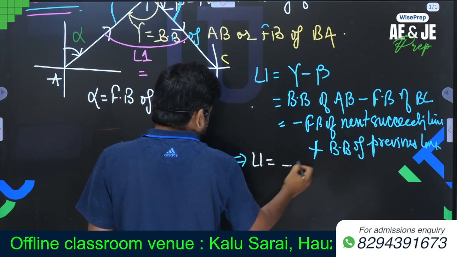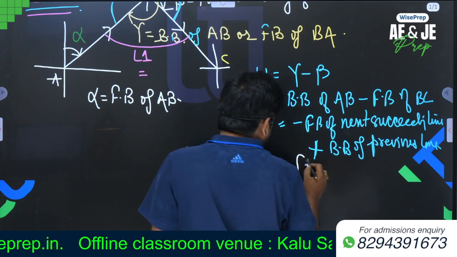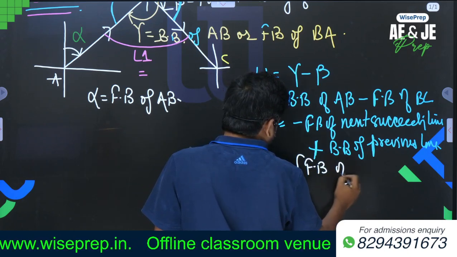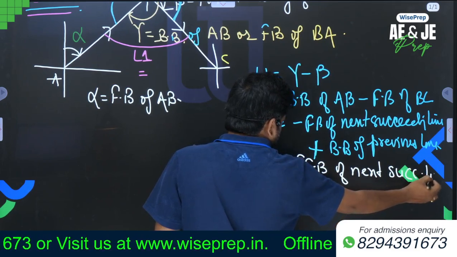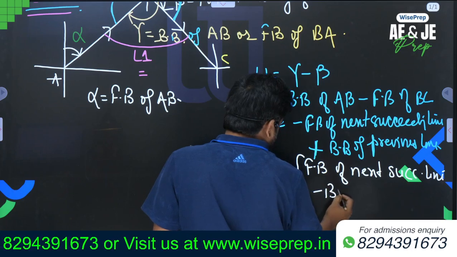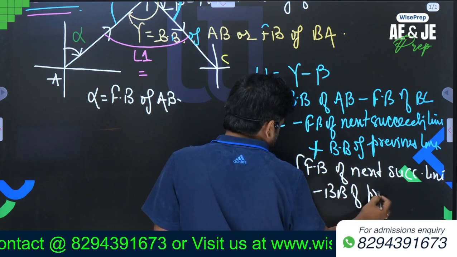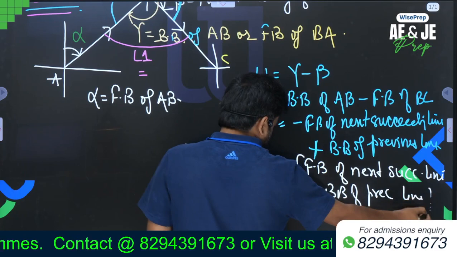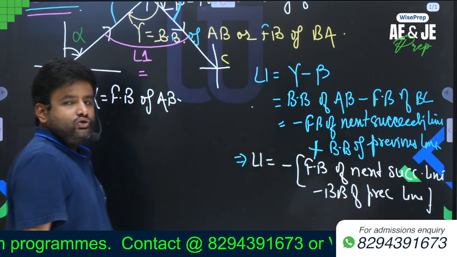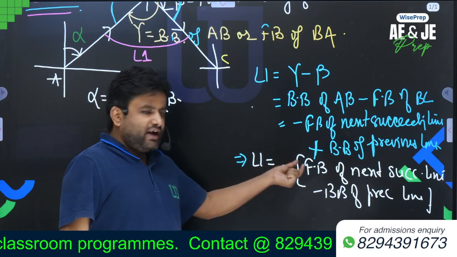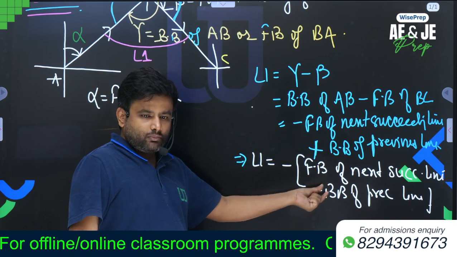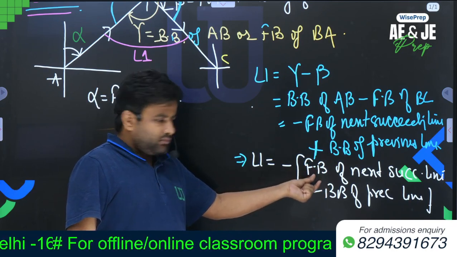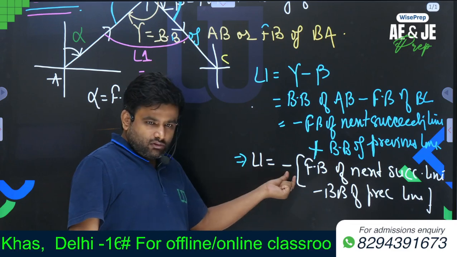So we can write forward bearing of next succeeding line minus back bearing of preceding line. Without using the figure, if we directly put values of forward bearing of next succeeding line and back bearing of preceding line, what I am getting is that the value will be negative.